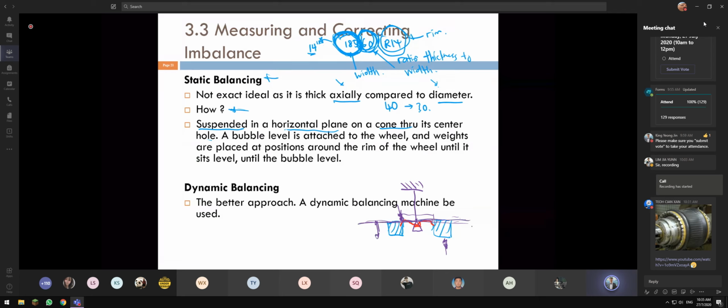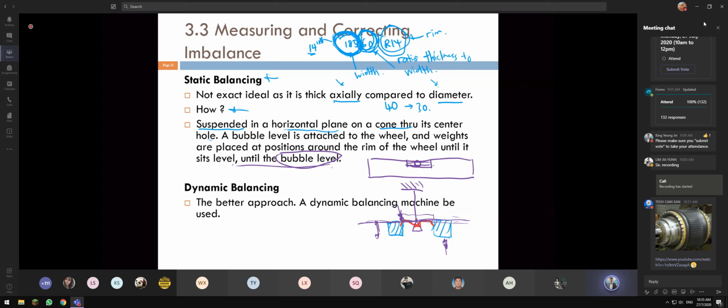So this is how you can do what we call static balancing, using the bubble level. The bubble level meter is always like that. There is a cut-off at the bottom, and they have a water tube with the bubble in the center.